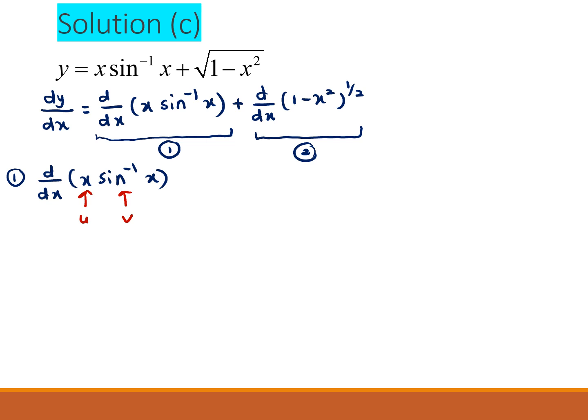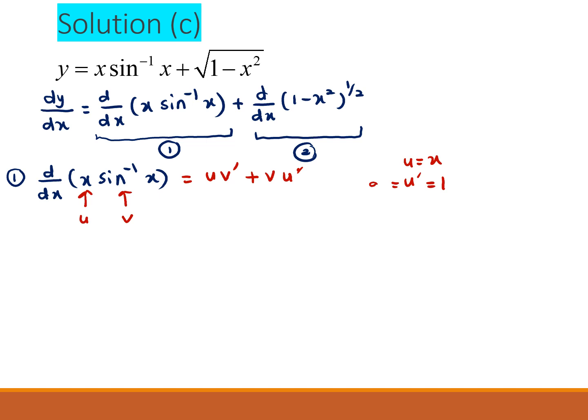For the product rule, we know that the formula is u times the derivative of v plus v times the derivative of u. From here, we have u equals x. The derivative of u equals 1.